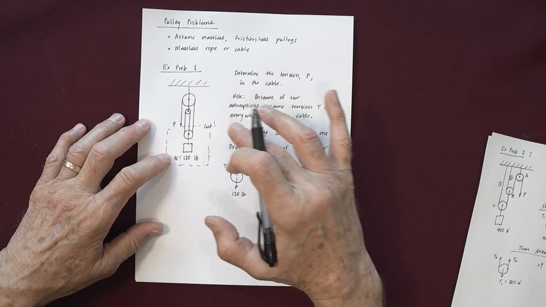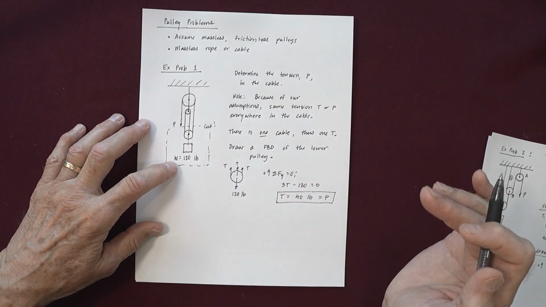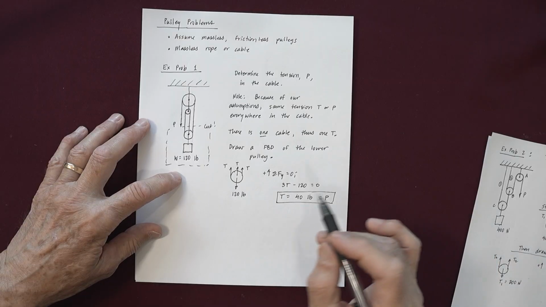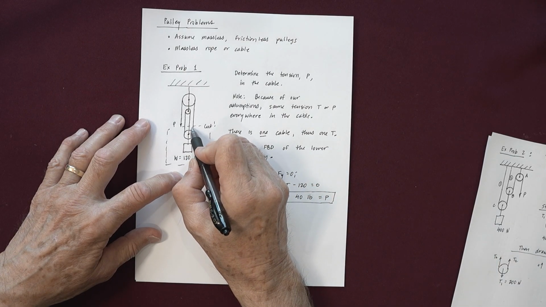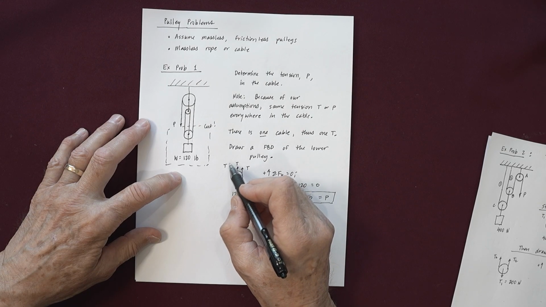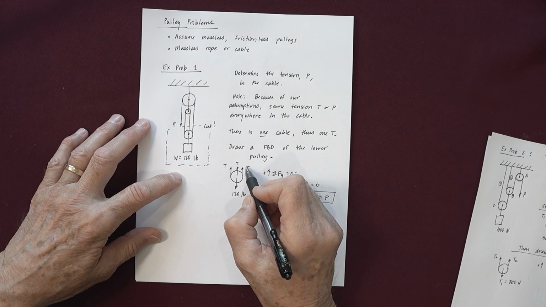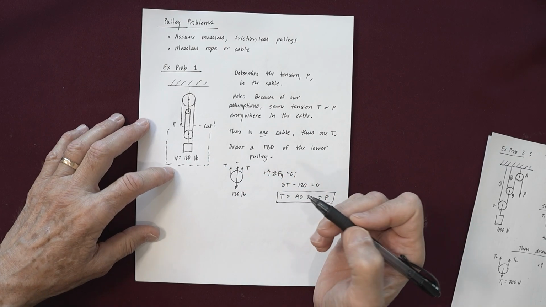But once you draw a free body diagram, you create a solvable problem. We'll come back to that theme. If you cut here, there are 3 cables that I cut. This guy, and this guy. It's all the same cable, so they all have the same tension. And there's the 120-pound force acting down.